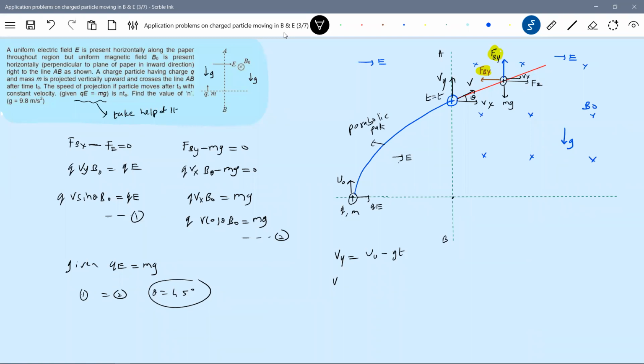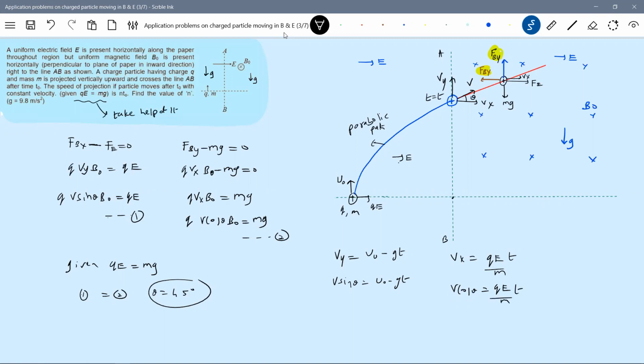We can assume it to be V sin theta. What about Vx? Vx is equal to acceleration QE by m into T. So Vx equal to V cos theta.